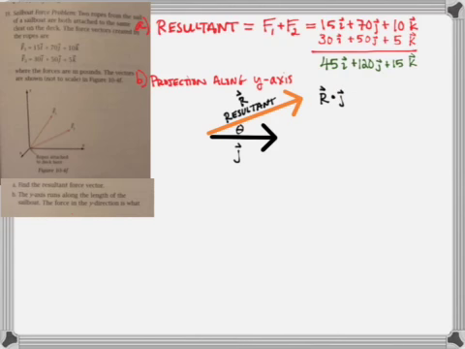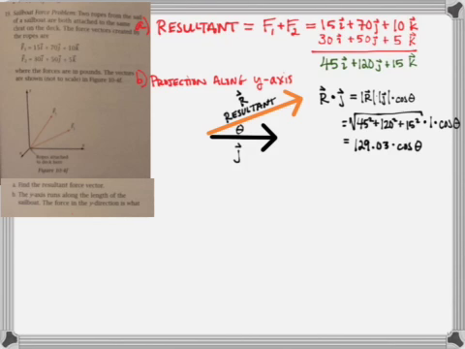Well, I apply my dot product. So I have the magnitude of R times the magnitude of J times cosine of theta. That becomes the magnitude of R times 1, because 1 is the length of my unit vector, and cosine of theta. I don't know what theta is at this point, but I know that it's the angle in there.